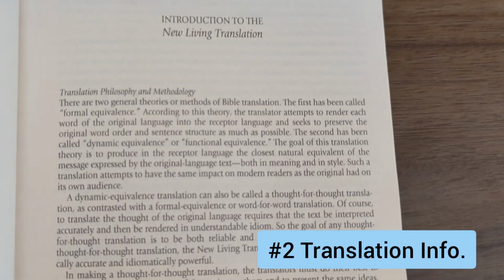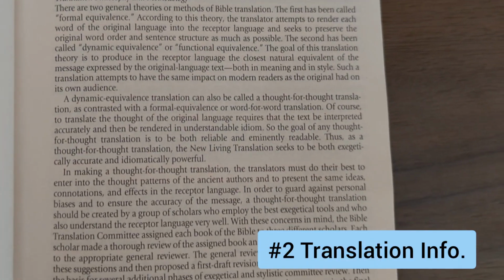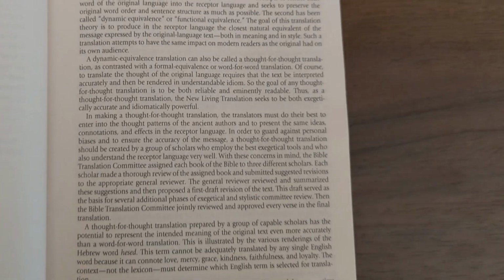The second one is information on your translation. So again, within those first few pages of the Bible before you start with Genesis, it will give you information about the translation that you're using. It's great if you have questions about hermeneutics, which is basically studying the interpretation of a text.